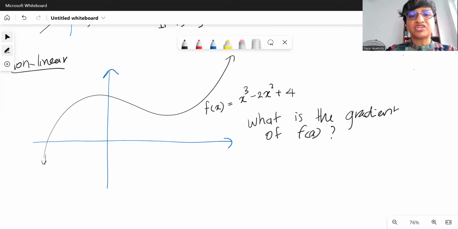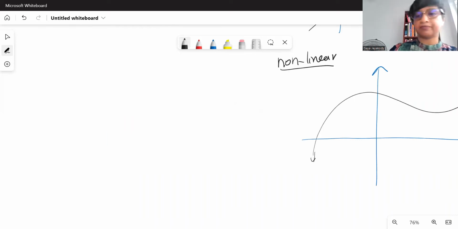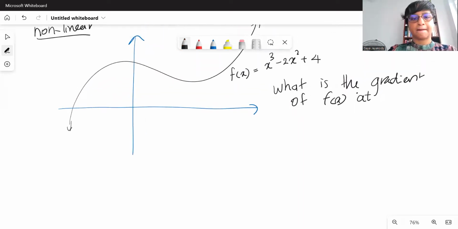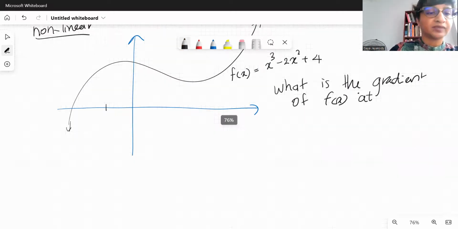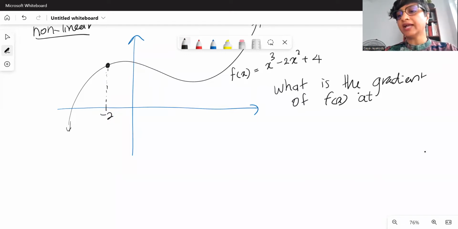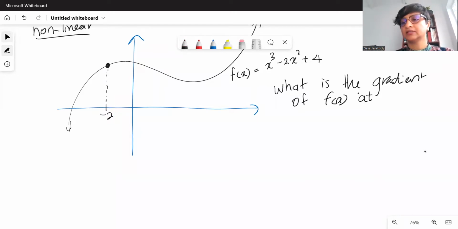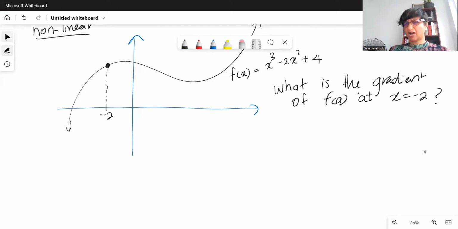So if I slightly change my question, instead of asking about the function, I ask at a point, at x equals -2. Now does the question make sense?